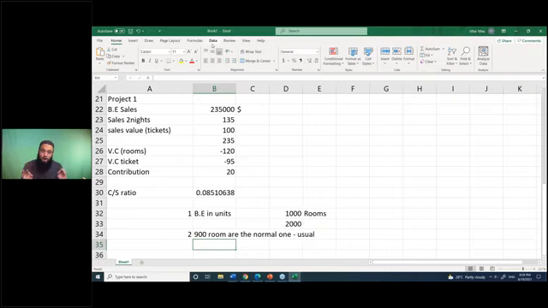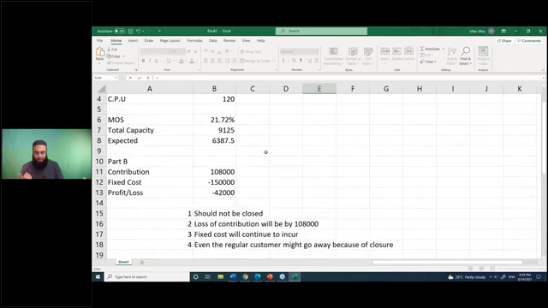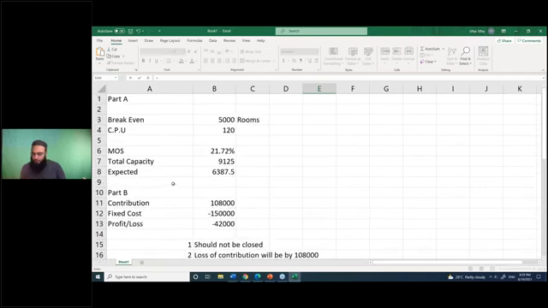Now, how many rooms do you have in quarter 1? That's the question. So let's work out rooms availability in Q1. Okay, so how to work out? It's very simple. I've done the calculation above. Here is the working where I worked out the total capacity of 9125.